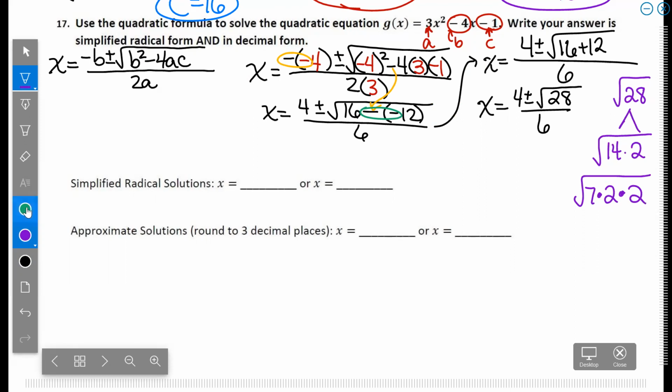Do you guys see anything multiplied by itself in here? I see 2 times 2. 2 times 2 is 4. I'm looking for things that are multiplied by themselves because I can take the square root of those. I would have the square root of 7 times the square root of 4.